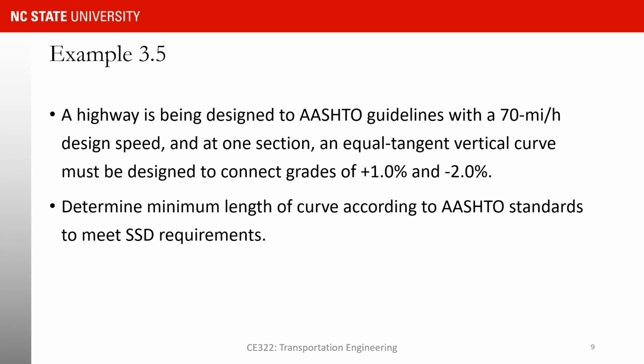First you go up the hill, then you go down the hill. We want to determine the minimum length of curve according to AASHTO standards to meet the stopping sight distance requirement. Please pause the video at this point for 5 minutes, go through the example, and then continue.